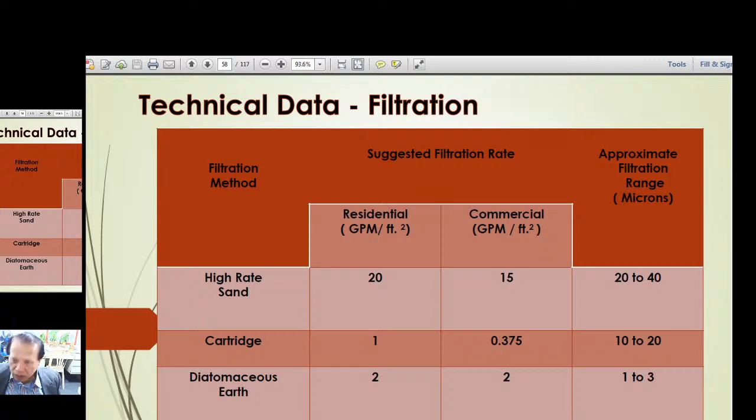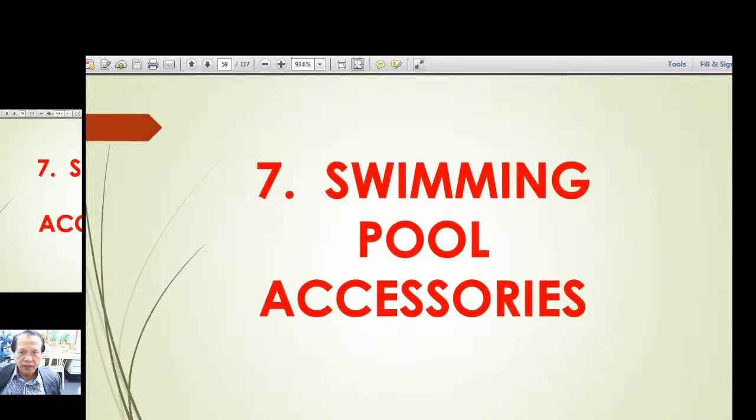As small as 1 to 3 microns are removed or trapped. While the cartridge allows larger dirt, and of course much more with the sand filter. So among the three, the DE is the most efficient in terms of filtering.